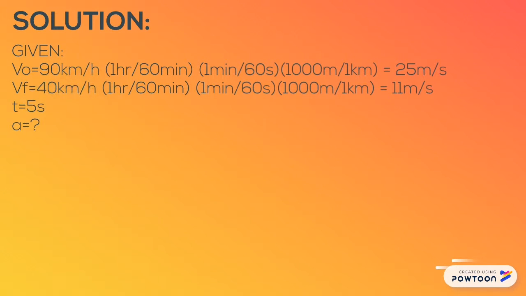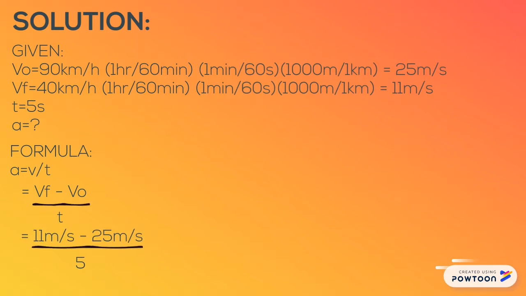So here, what is the acceleration? First, we convert the velocities to meters per second: 90 km per hour into 25 meters per second, 40 km per hour into 11 meters per second. After converting, let's place all the givens into the formula, and the answer is negative 2.8 meters per second squared. Why negative? Because it decelerates, or slows.